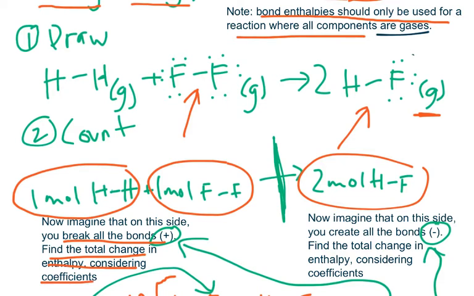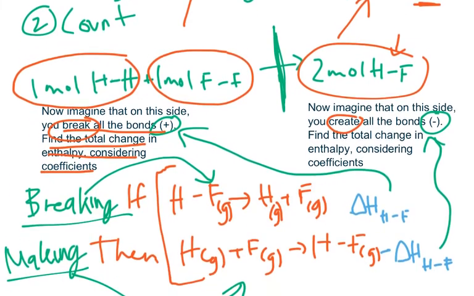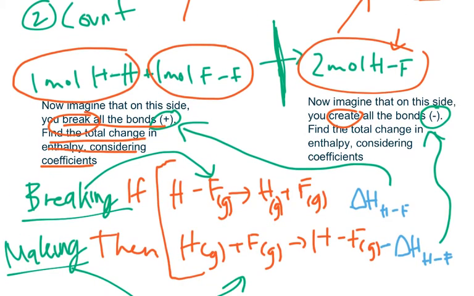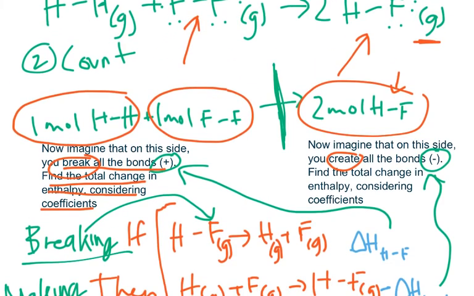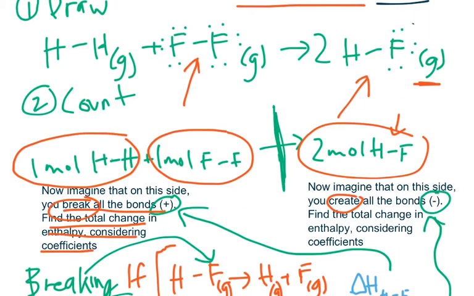Now, I'll show you how this works, but before I do that, I want to talk about the products. On the product side, imagine that after breaking all the bonds here, you are reforming them or creating them over here, and creating bonds will not take energy. Instead, it will release energy, and therefore the bond enthalpies should be negated to create the desired process that the product side is describing.